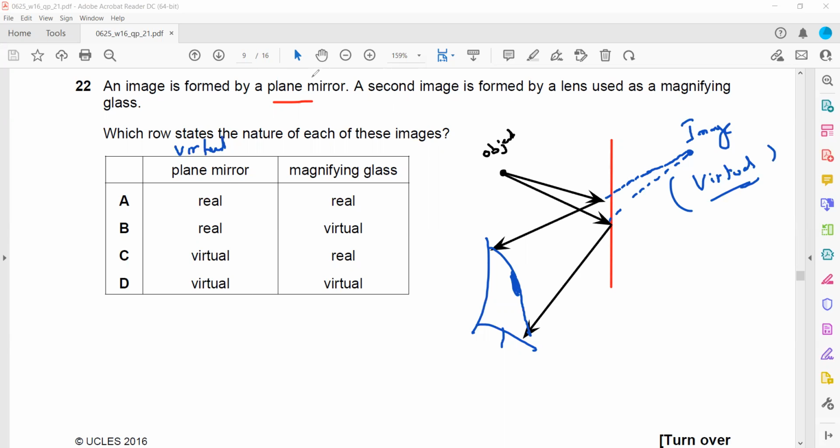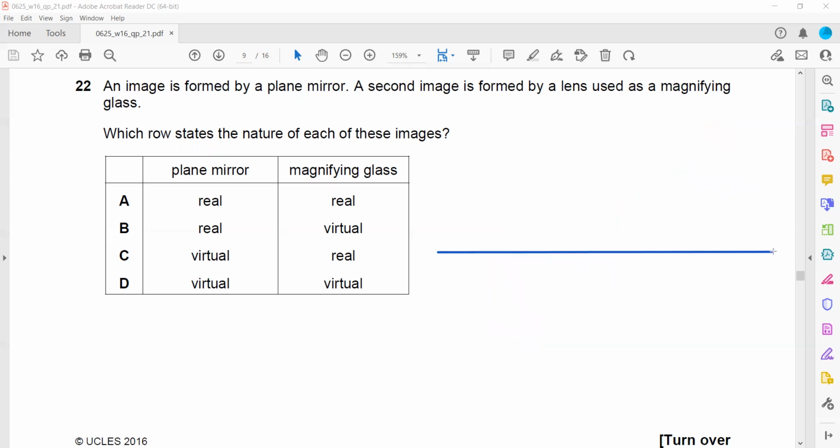And the magnifying glass, what happens in a magnifying glass? When the object is placed near the lens, so we have focus F and 2F.